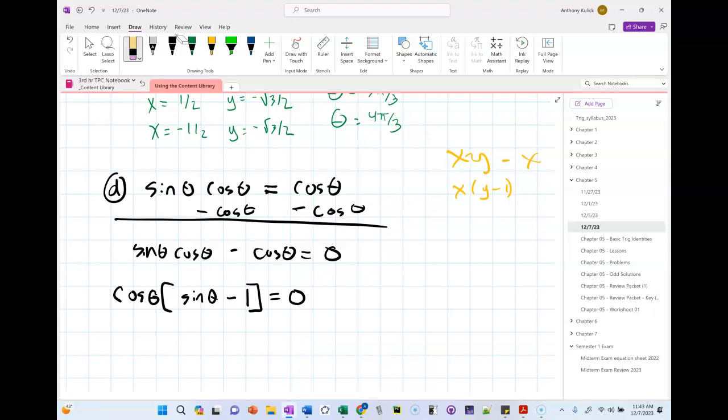What do you do after you factor? If you distribute, you're back to where we were before. It's not solved.